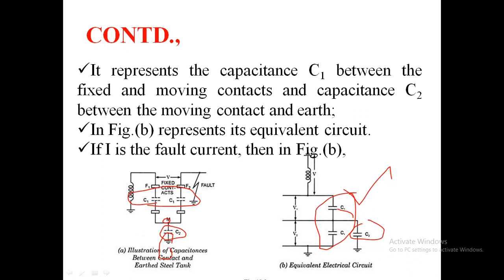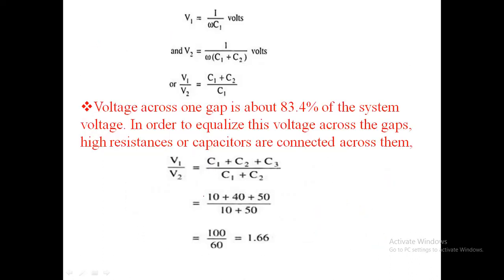Let us find the fault current. From the equivalent circuit diagram, we represent V1 equal to I by omega C1 in volts, and V2 will be I by omega (C1 plus C2).